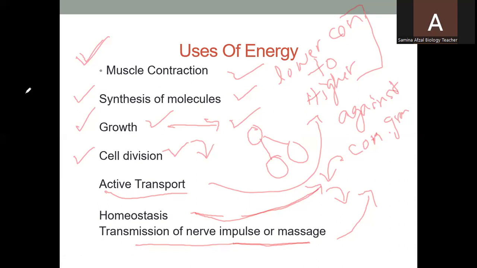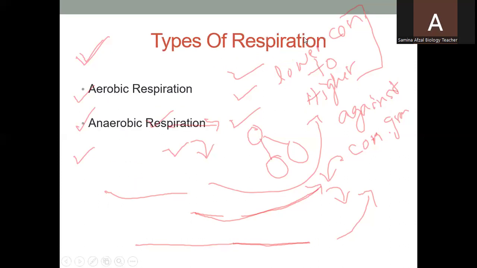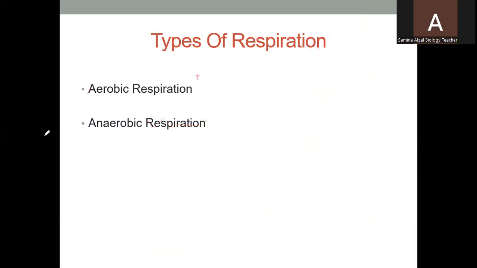And next, we will discuss the different types of respiration. Two types of respiration are there: aerobic respiration and anaerobic respiration. Aerobic respiration: when oxygen is required or oxygen is present, food is broken down with the help of this oxygen, or the oxidation of food takes place.